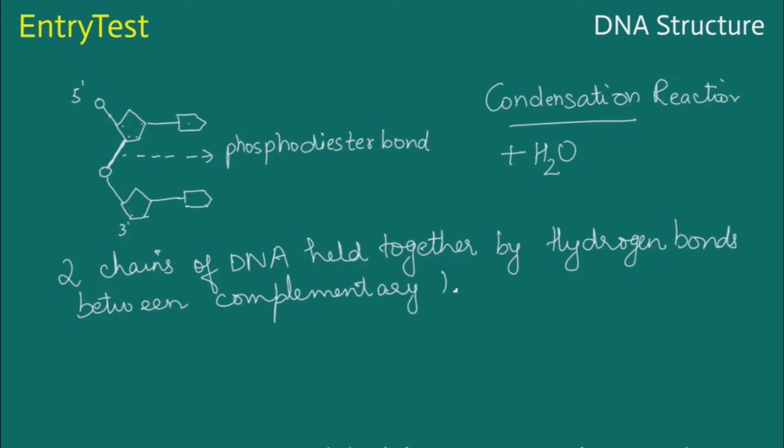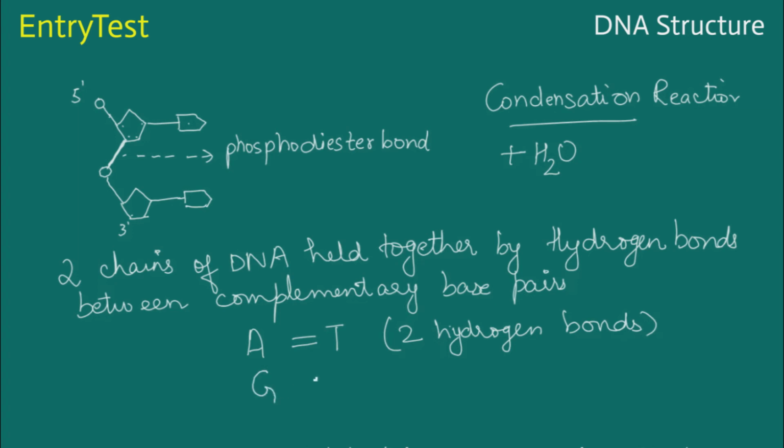Now the complementary base pairs, what are these base pairs? Remember in DNA, adenine always pairs with thymine via two hydrogen bonds. And guanine always pairs with cytosine via three hydrogen bonds.